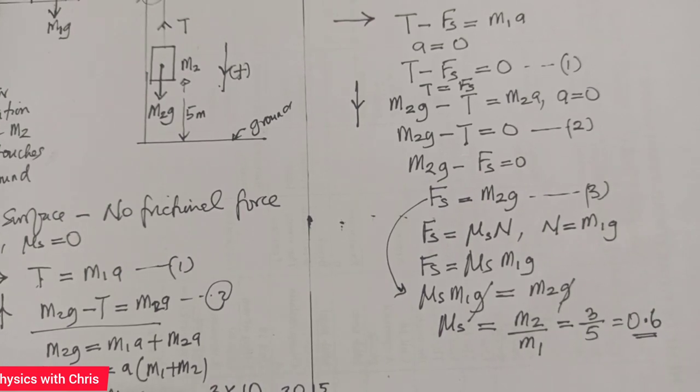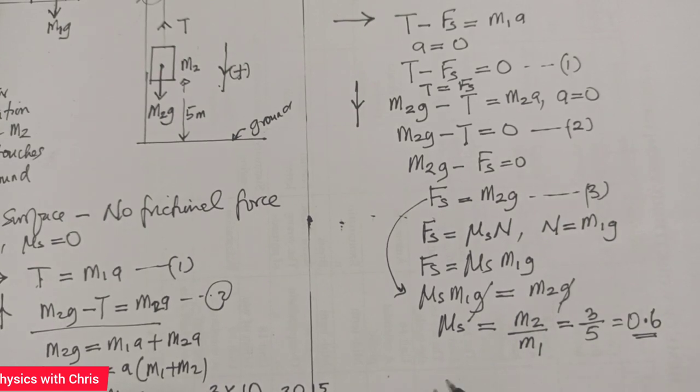Take note that the coefficient of static friction has no unit. It's a dimensionless constant, because it varies from one surface to another. And it's simply the ratio of the two masses.